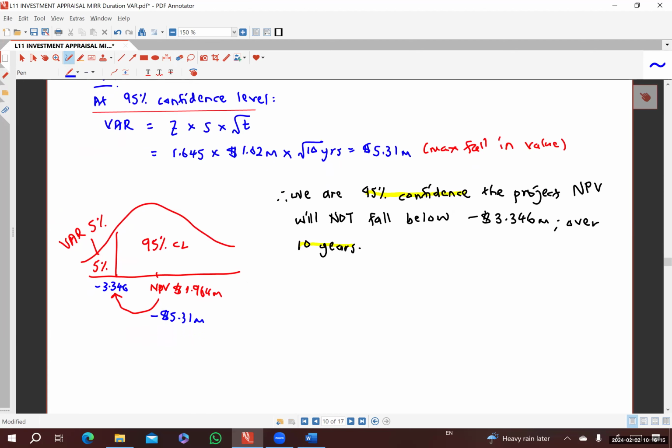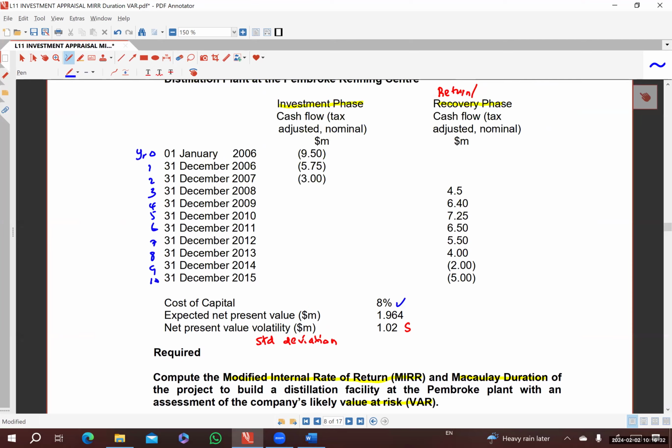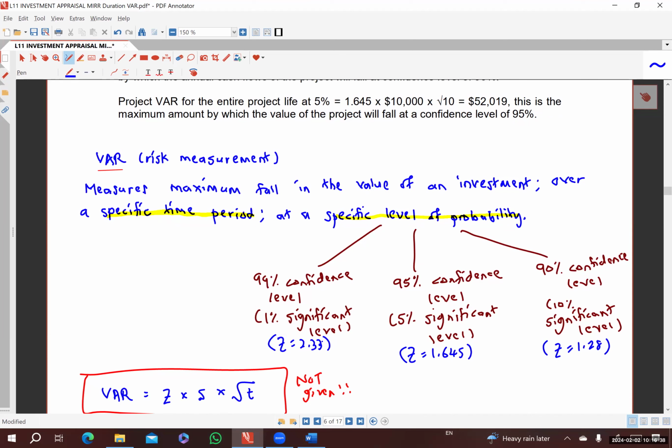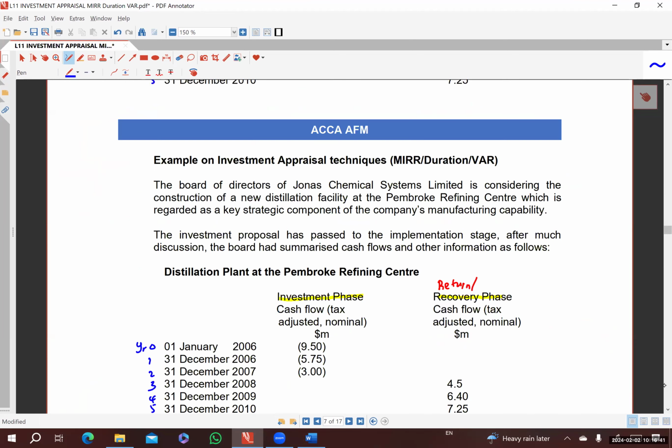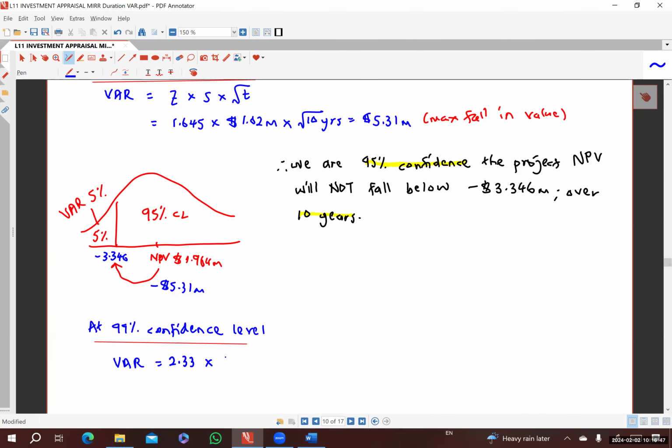Let's do one more at 99%. For the 99% confidence level, the z-score is 2.33, times the standard deviation, 1.02 million, times the square root of 10 years.